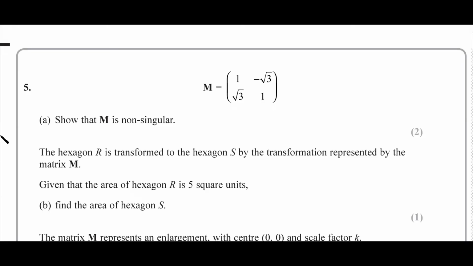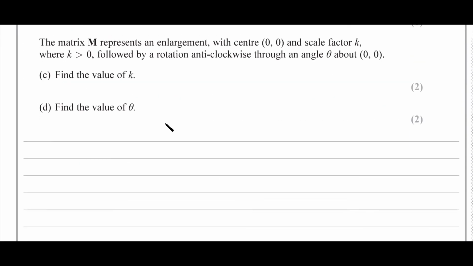Question 5. We have a matrix M which is given by 1, minus root 3, 1. And for part A, we have to show that M is non-singular. To do this question, we would first of all have to find the determinant of M, and if that doesn't equal 0, we can conclude that M is non-singular.